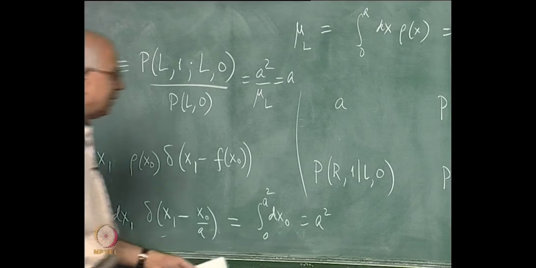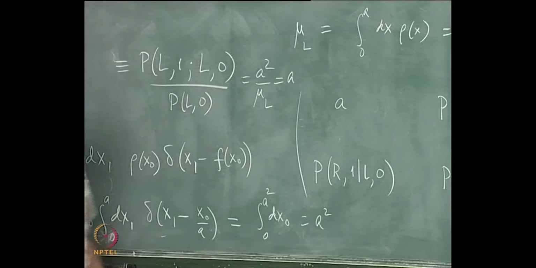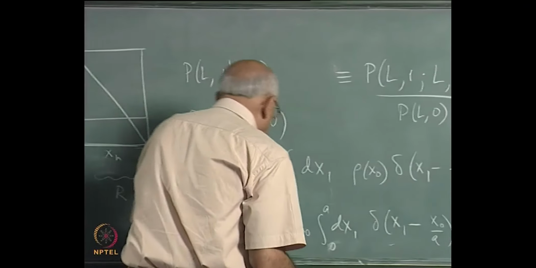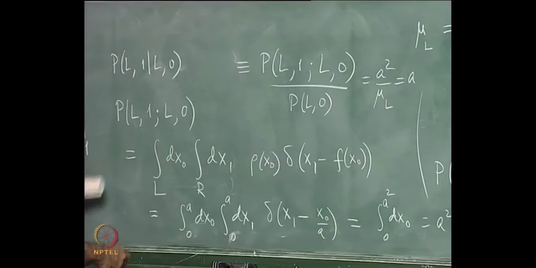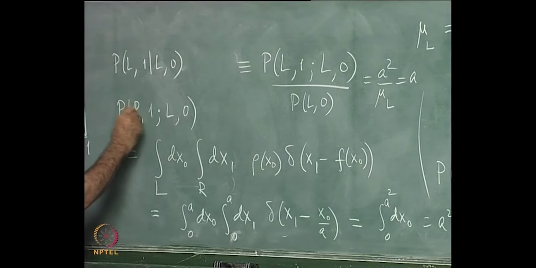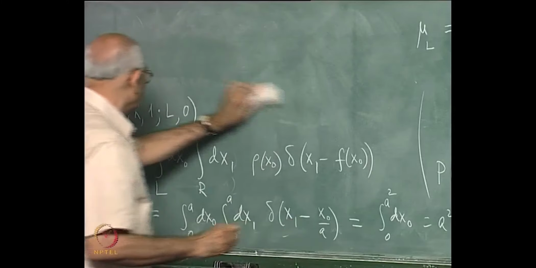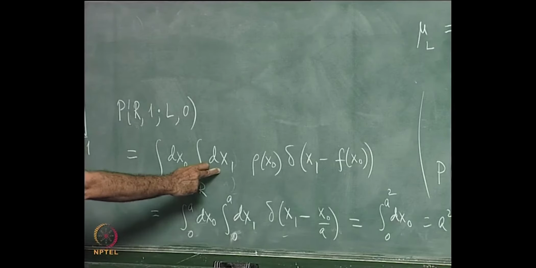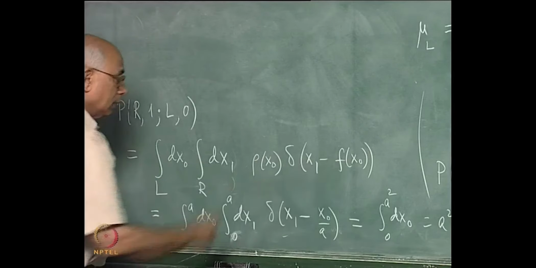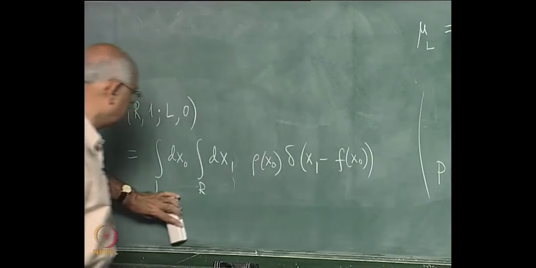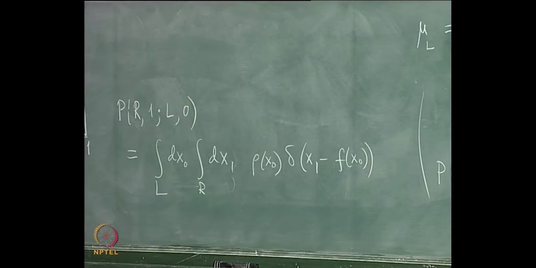What is this going to be? Well, let us see what that thing is. So again it is over L dx0, but this becomes an R, and now I am trying to compute P of R1 L0. So this is finished. This is over R, and I have to do this integral. I use the same strategy as before. In this case, since the invariant measure is unity, it is actually very simple.